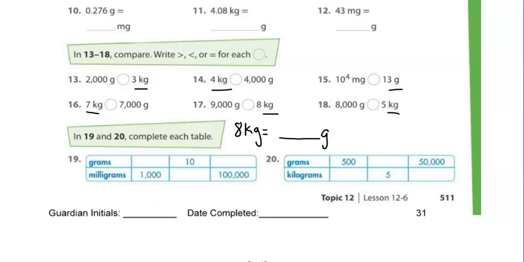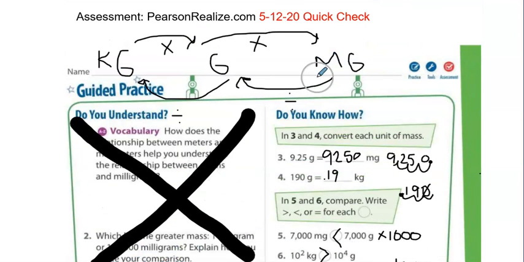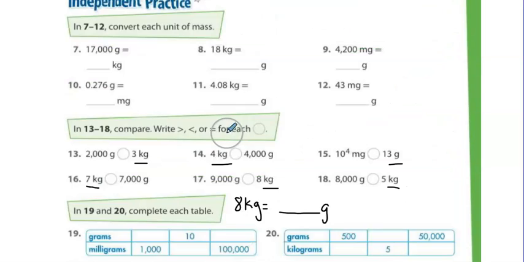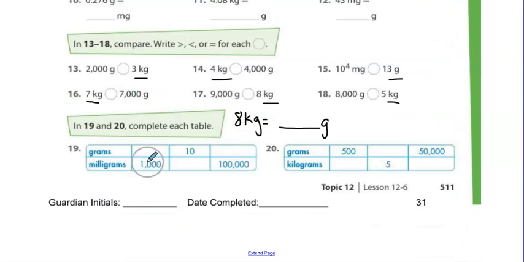On numbers 19 and 20, you're going to be going between grams and milligrams and grams and kilograms. So we're starting here, so we know our milligrams. From milligrams to grams, we can go back up and look. Milligrams to grams, we're going to divide by 1,000, which if we take 1,000 and divide it by 1,000, we know that 1,000 goes into 1,000 one time.